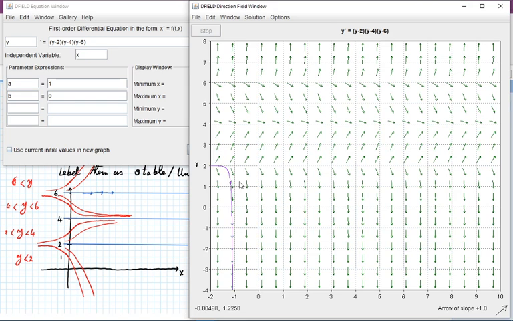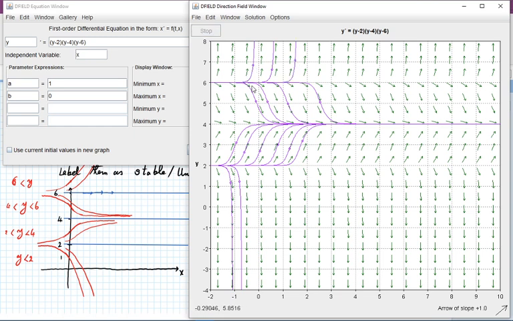Notice it descends very quickly. Pick a point between 2 and 4. Here's another example. You notice that they are all the same curve, it just moved to the right or left. Pick a point between 4 and 6. That convinces us. And pick a point above 6.